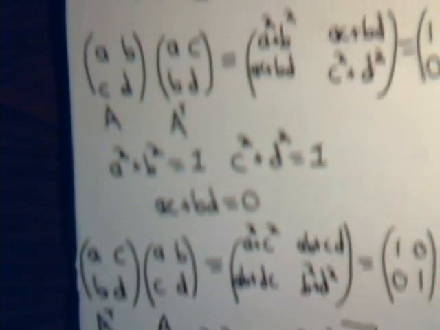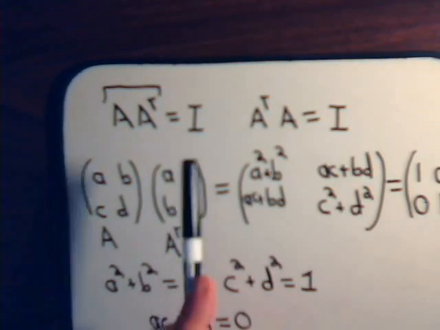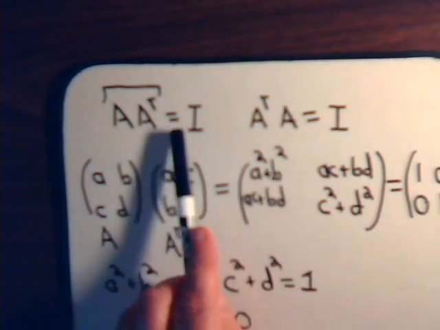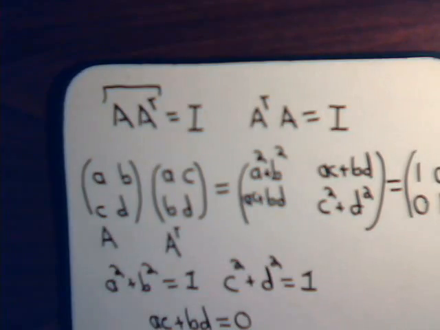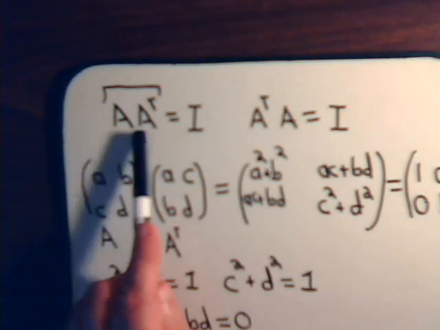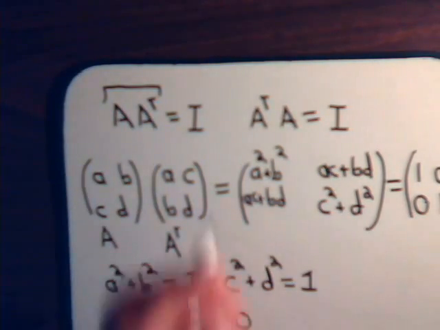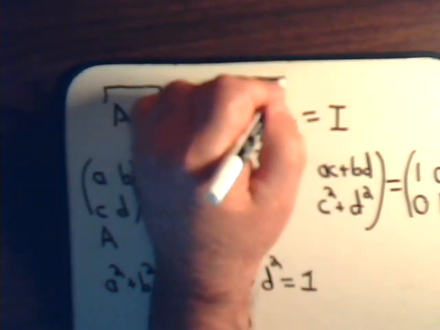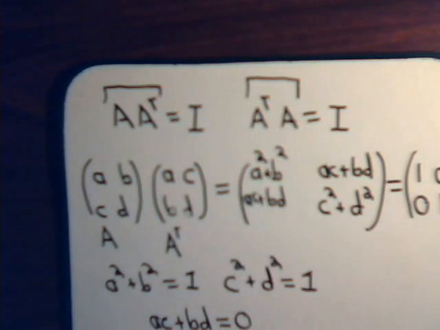So together, these two parts of the definition, if you will, of an orthogonal matrix, this tells us that the rows are orthonormal. This tells us that the columns that comprise an orthogonal matrix, they are orthonormal. And again, as we demonstrated just a few moments ago, the determinant of an orthogonal matrix is plus or minus 1.